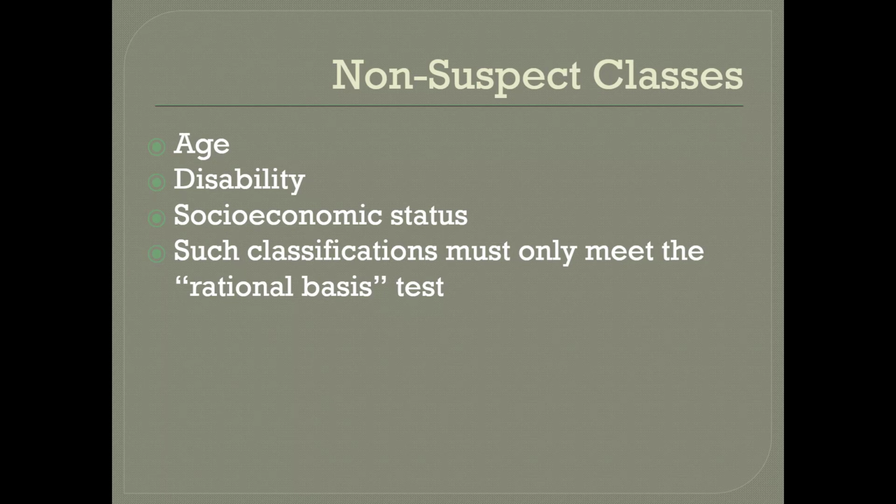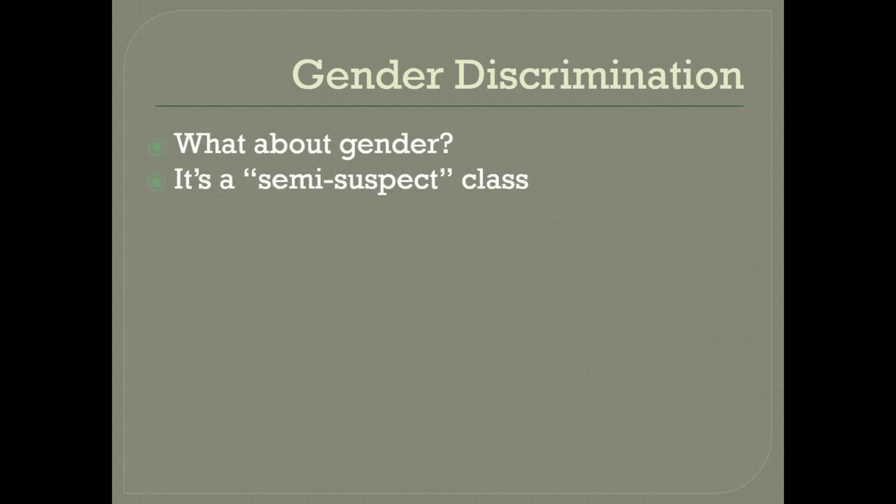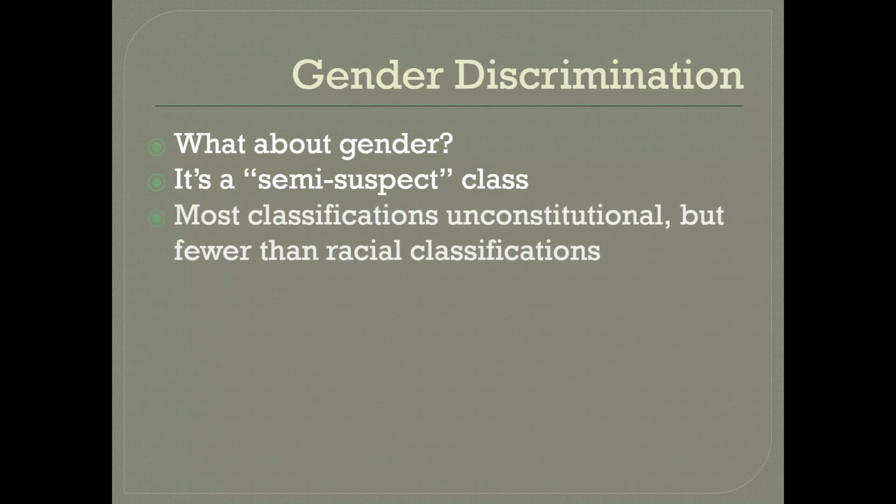Now, there are two major categories that we haven't talked about that deserve special consideration, and one of those is gender discrimination. Where does gender fall in the suspect and non-suspect class categorization? Well, gender is actually in a category almost entirely its own. The court has indicated that gender is a semi-suspect class.